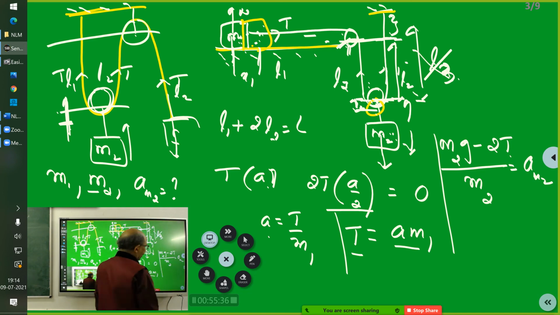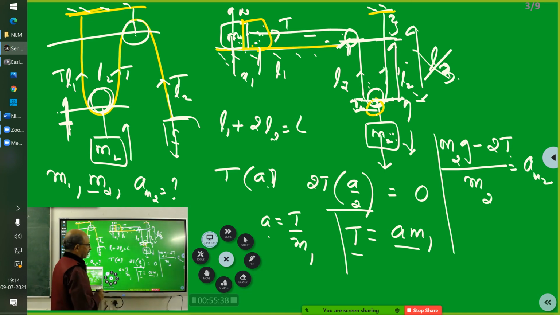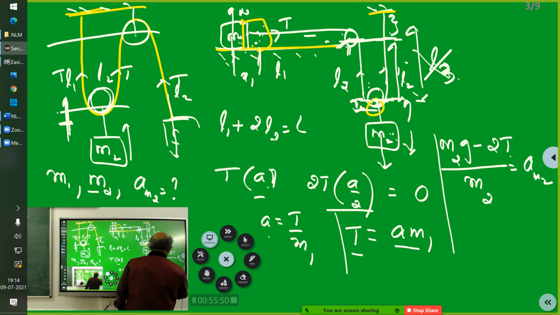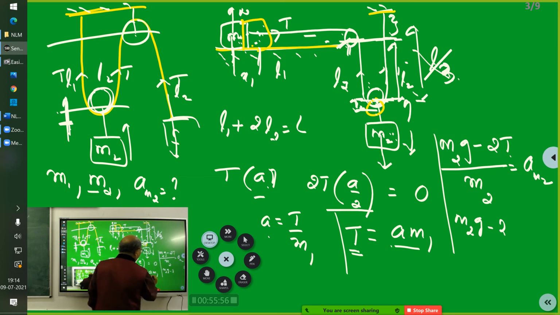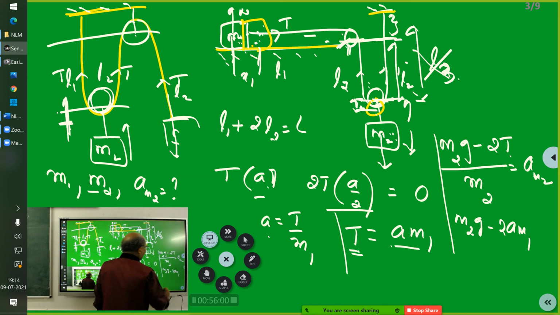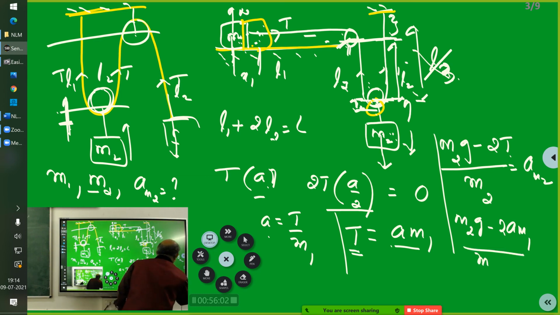Okay, fine. Then you can use this relation: the acceleration of this is A by 2. So if you take this here, M2 I'll write here, M2G minus, instead of T, I'll write AM1, by M2.